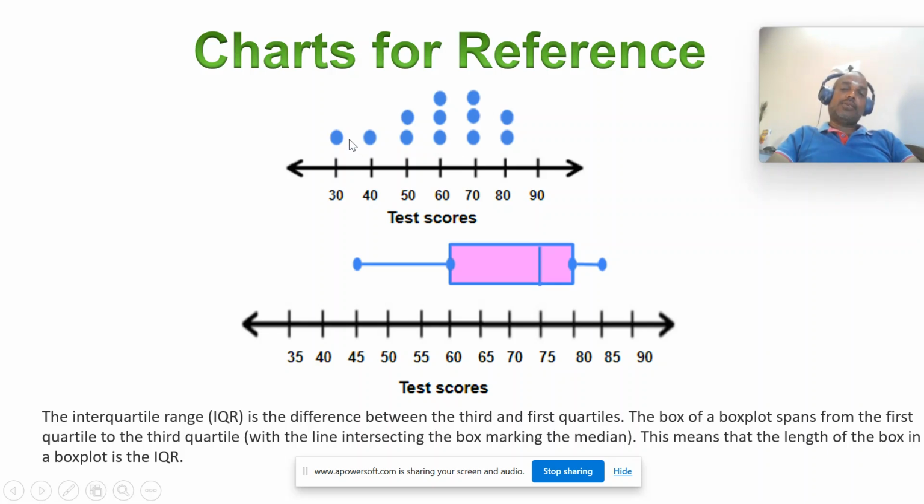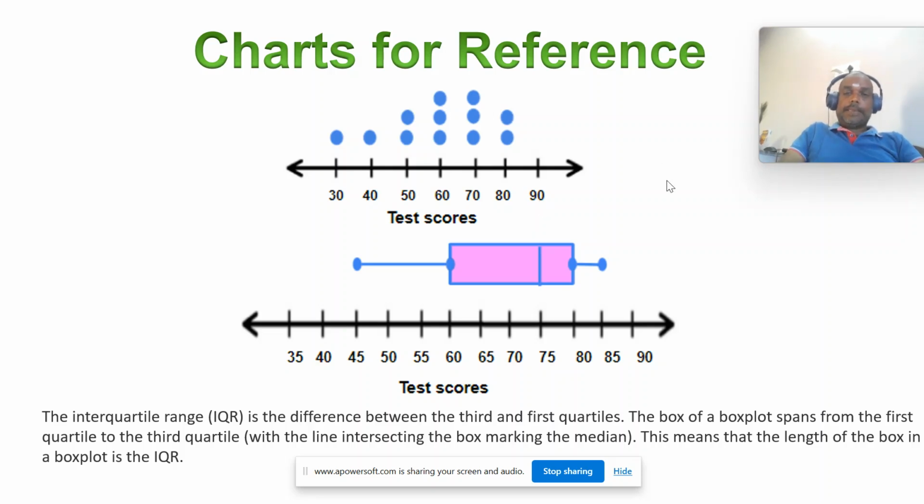Here it is easy to understand the minimum value, that is 30, and the maximum value is 80. It is very easy to get the min, max, and the median. One more interesting thing is we'll get the mode. You can see 70 is repeating 3 times and 60 is repeating 3 times. This is our mode actually.